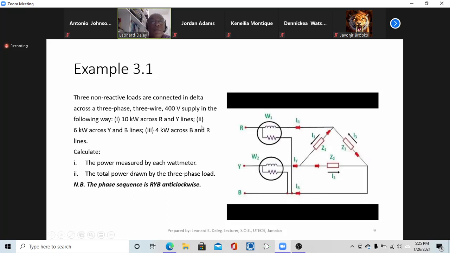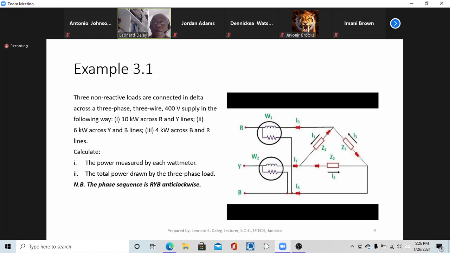All right. So let's get into a question. This question says that 3 non-reactive loads are connected in delta across a 3-phase 3-wire 400 volt supply in the following way.